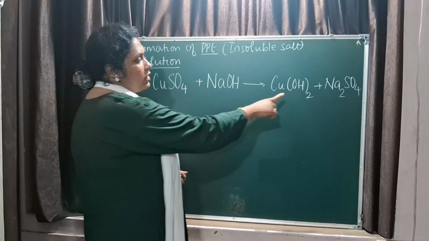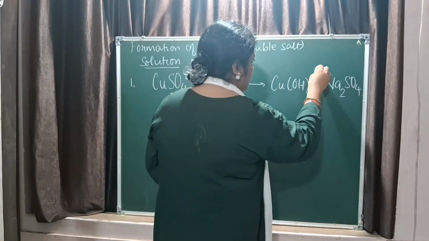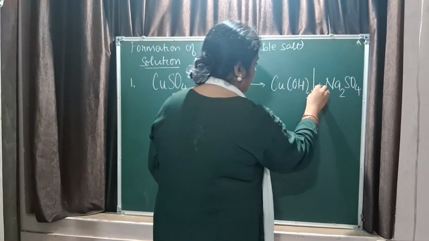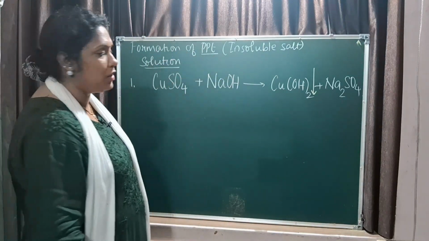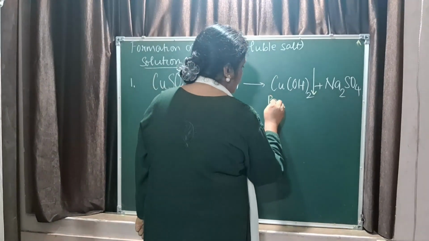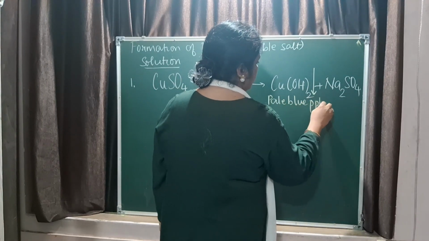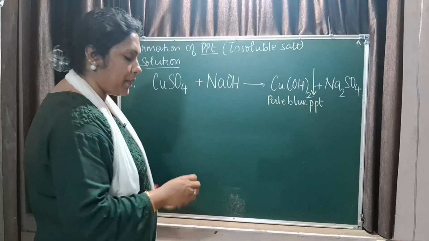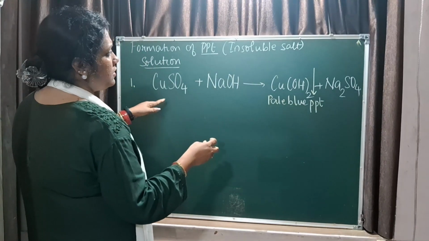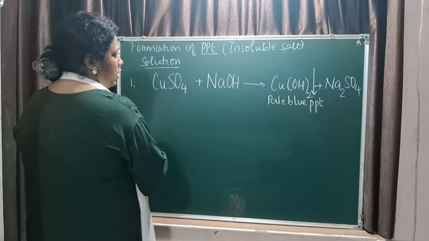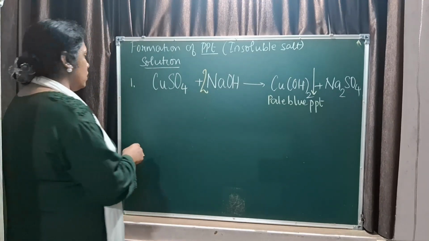So now here this is a sodium salt, so this will be soluble. This one is a precipitate. For gas we give an upward arrow, for precipitate we give a downward arrow, and the color of this precipitate is pale blue precipitate, okay. Then next you have balancing. Is all balanced? No, sodium is not balanced here. So sodium and hydroxide, this is now a balanced reaction, okay.